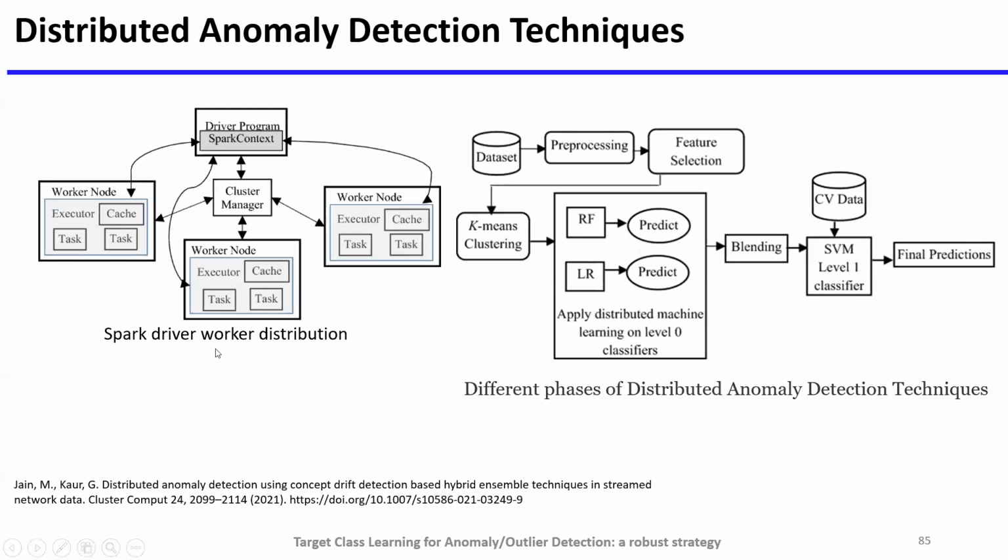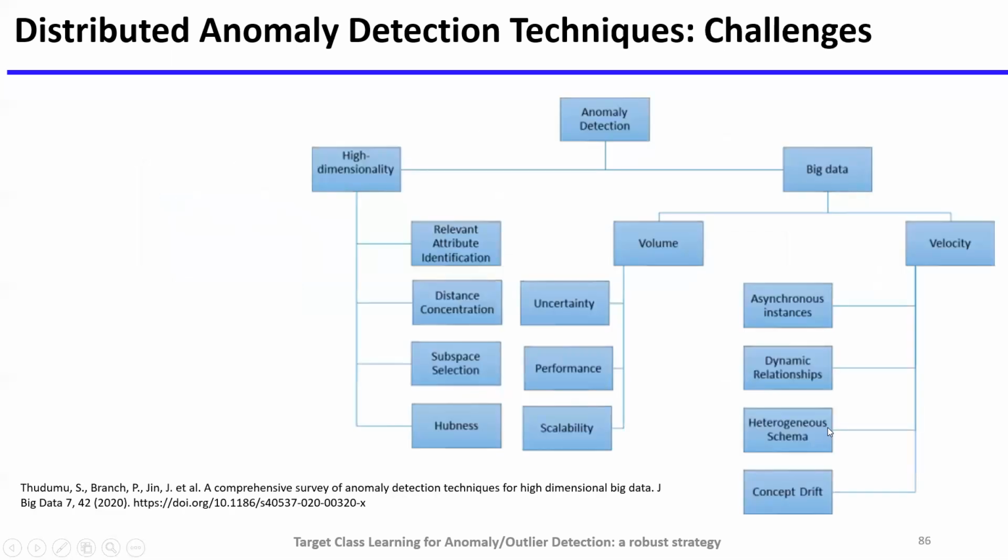The Spark environment is using a cluster manager to deal with the worker nodes, and these worker nodes are actually running the anomaly detection algorithms parallelly for the local set of data, and finally it can be combined together to develop the complete model, which is basically the distributed anomaly detection model.